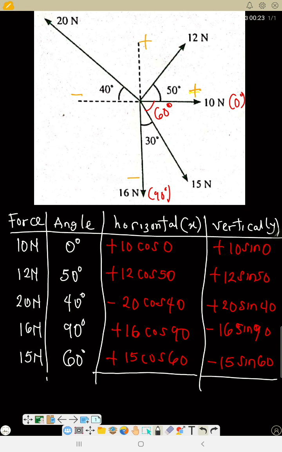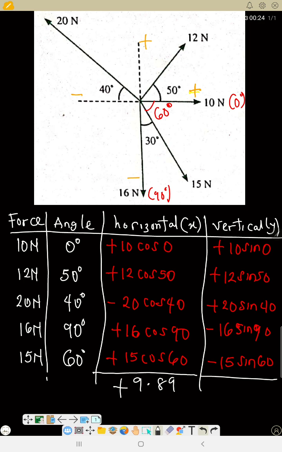To add the first column, you can press it directly from your calculator: 10 cos 0, plus 12 cos 50, plus minus 20 cos 40, plus 16 cos 90, plus 15 cos 60. Everything is 9.89, that is plus 9.89.